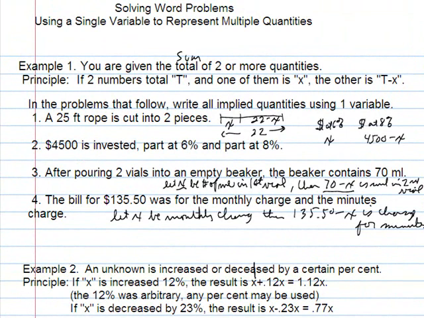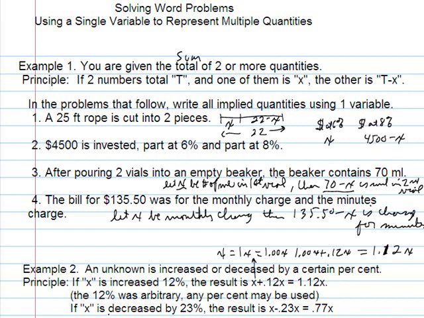That's because x is the same as 1x, which is the same as 1.00x. All of those are just 1x. And so if I take 1.00x and I add it to 0.12, or 12% of x, I end up with 1.12x. Now the opposite of that happens if it goes down by 12%. But in this case I didn't use 12 because I didn't want you to think that this was only for 12%.